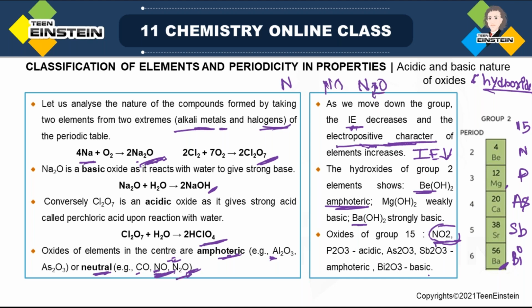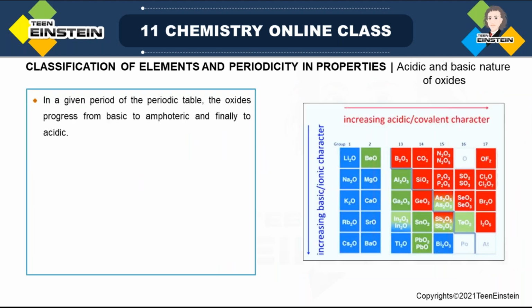So P2O3 and NO2, these two are first elements' oxides, so they are acidic. Then arsenic, antimony, they are amphoteric. And the last one, because of its metallic nature, its oxide will be basic in nature. Fine. So in the picture that you are seeing here, these two parts are the S block and this part is the P block.